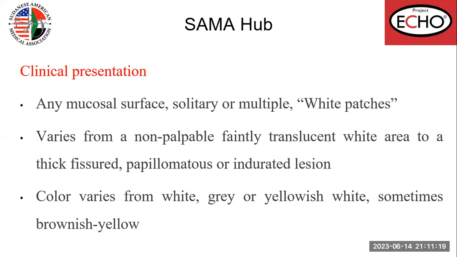It has a variety of shapes, which usually makes the job of a dentist a little bit more challenging, because if you have a unique feature that you are quite sure about, it will be easy for you to diagnose. But if it has several appearances or non-specific appearances, you will have a harder job of trying to recognize it. The color as well varies from white to gray to yellowish white, sometimes even brownish yellow.